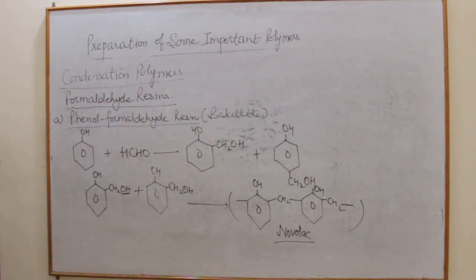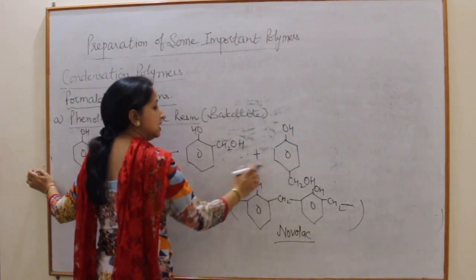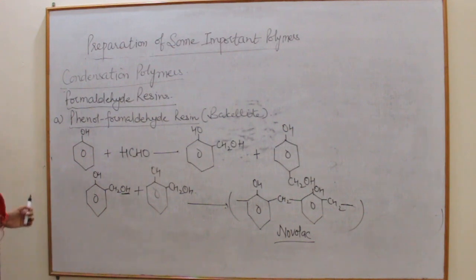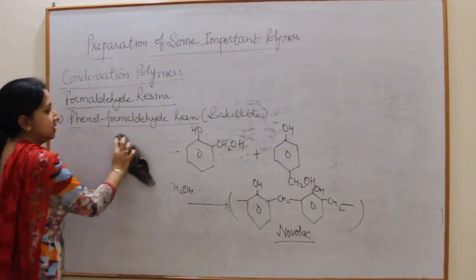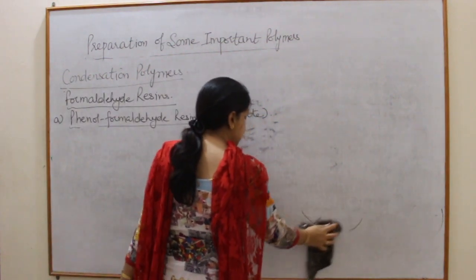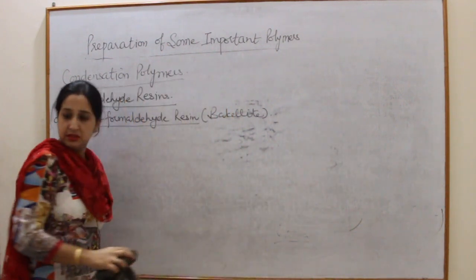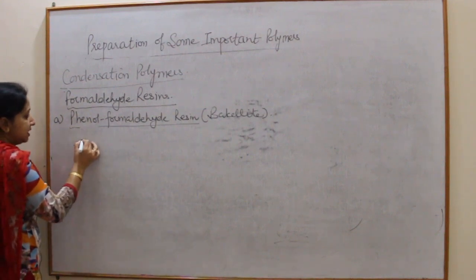The second possibility is the condensation between the ortho product as well as the para product. If ortho and para combine with each other, then we will get a cross-linked polymer known as bakelite. It is somewhat typical.